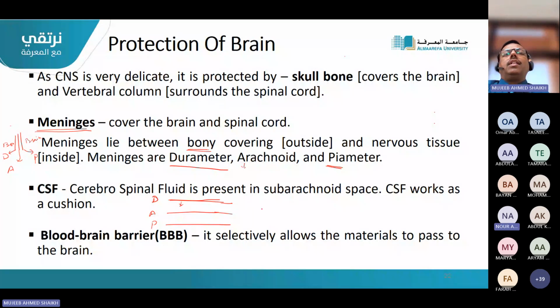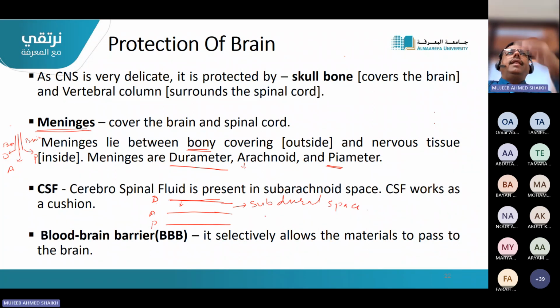We call them subordinates. I am the boss and I have 2-3 persons below me, I call them subordinates. So the area below the dura mater, we call it the subdural space.